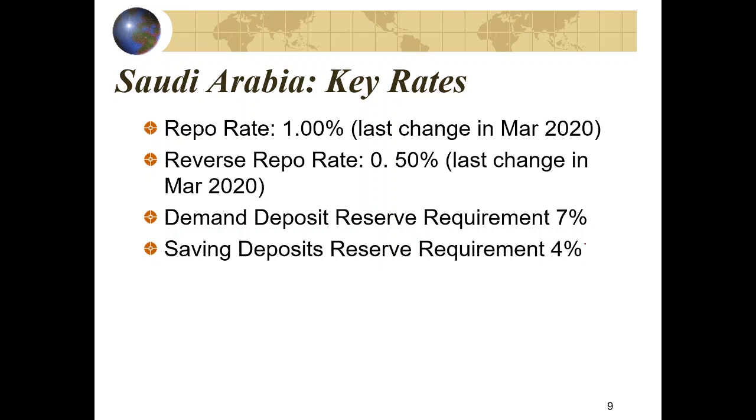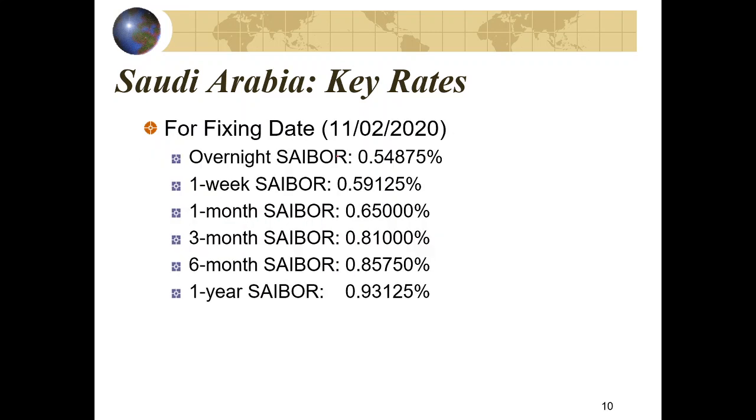These requirements were quite stable. The last time they were changed was in 2008. The repo rate and the reverse repo rate are adjusted from time to time. And these are the SIBOR rates for fixing date February 11th.